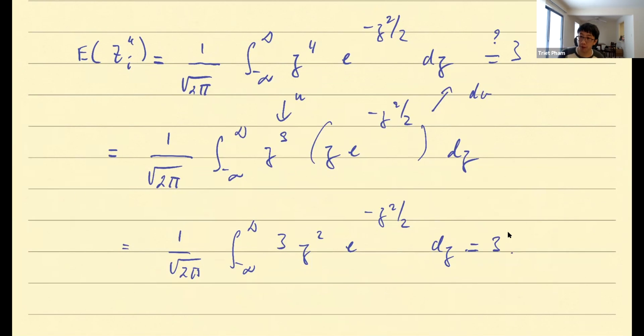So I hope that you're convinced that this is slightly easier than the fourth derivative of the moment-generating function. Any question? Okay, all good.